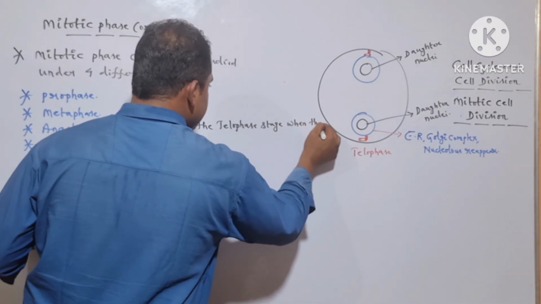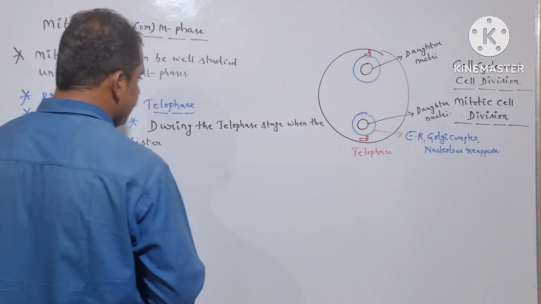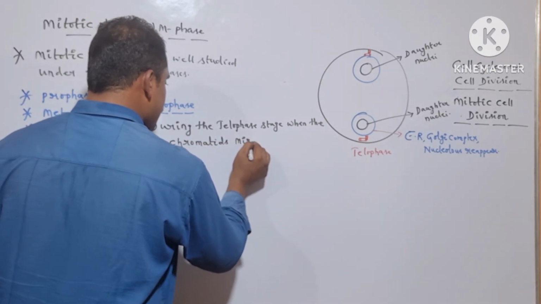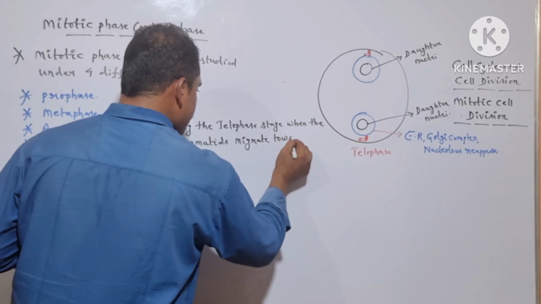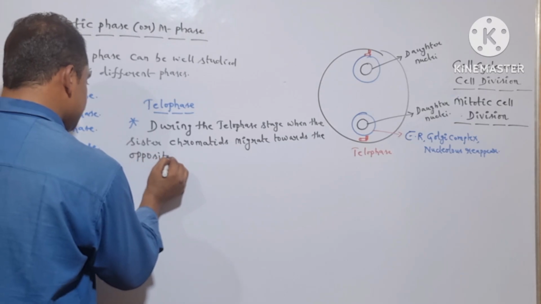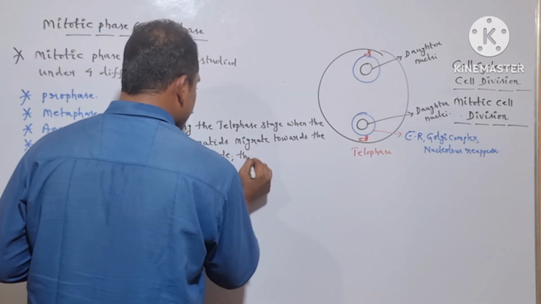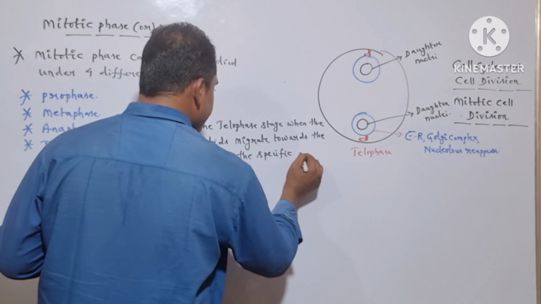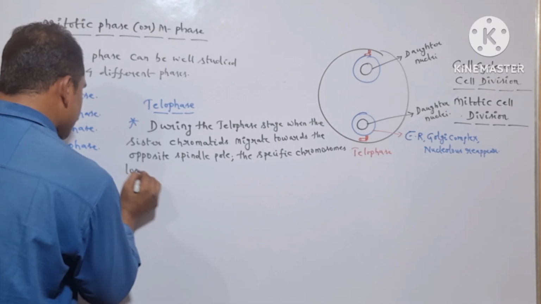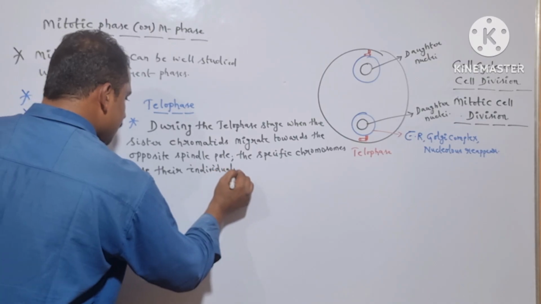During the telophase stage, when the sister chromatids migrate towards the opposite spindle pole, the specific chromosomes lose their individuality, right?